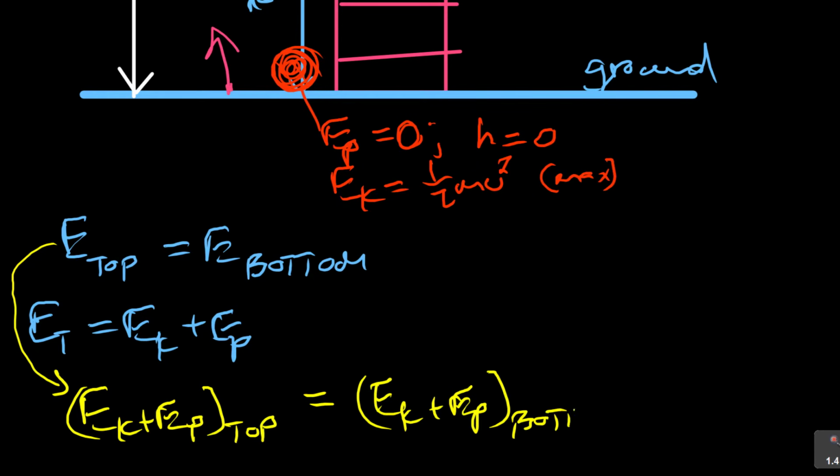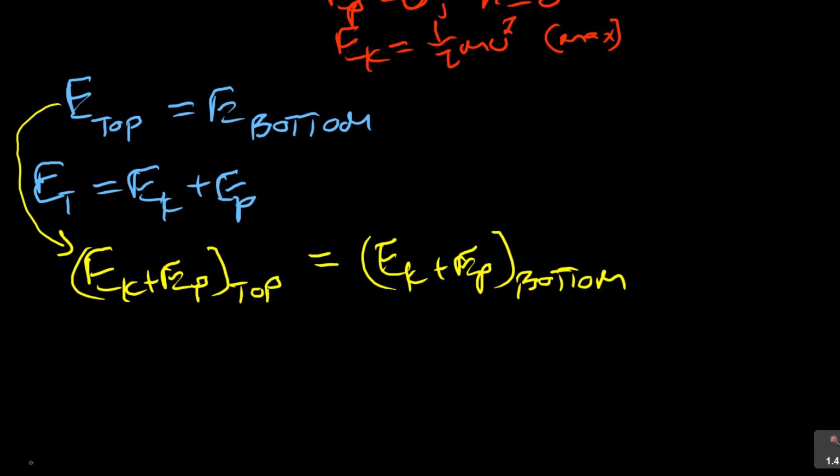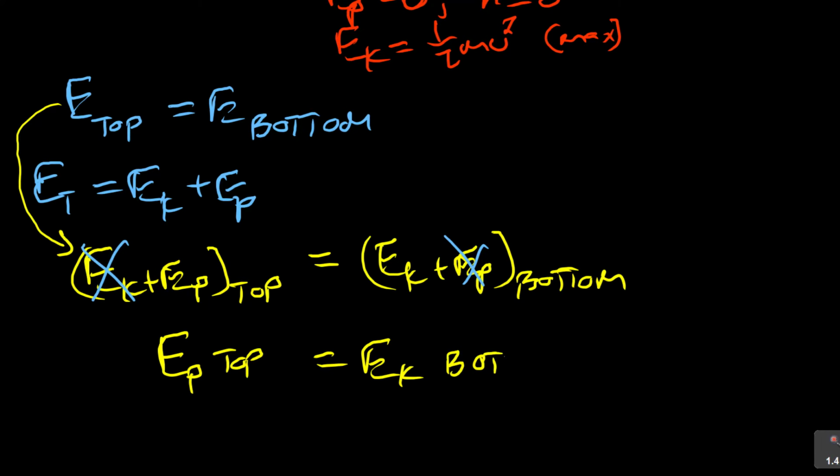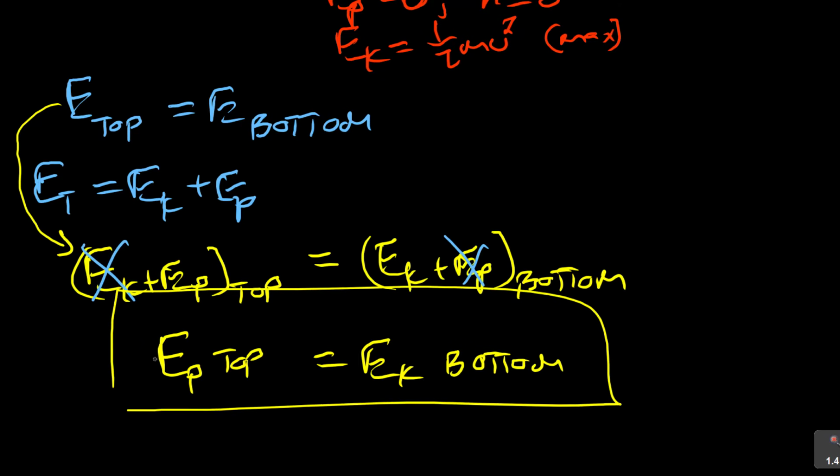So now we agree again to say at the top the kinetic energy is 0, and at the bottom the potential energy is 0. So you can come up with the conclusion that EP at the top is equal to EK at the bottom.